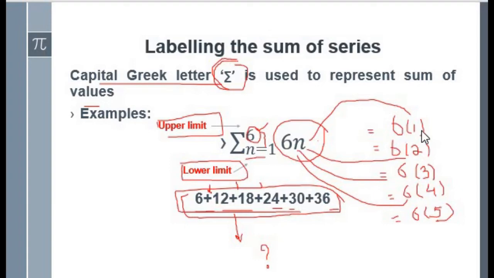For n equal to 1 we get 6, we get 12 because we are putting n equal to 2, and we get 18 if we put n equal to 3.